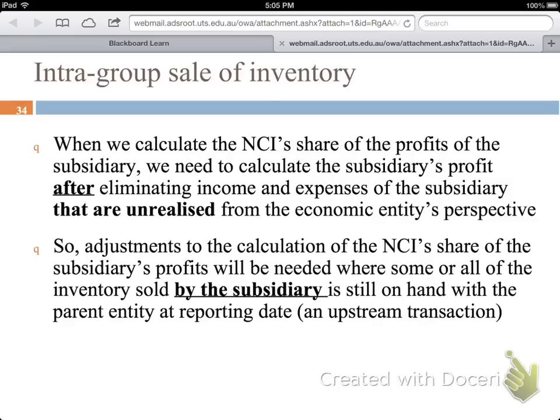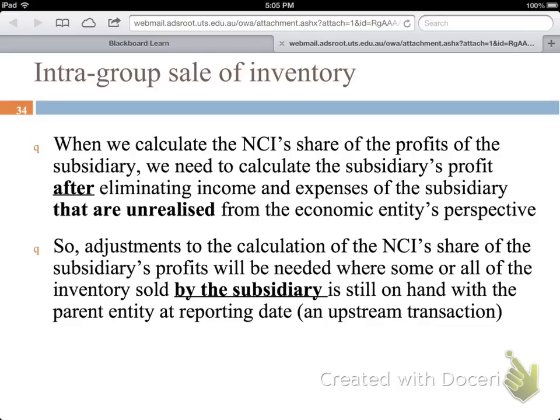So how does intra-group transaction impact on the calculation of the non-controlling interest? When you calculate the non-controlling interest share of profit, you need to calculate the subsidiary's profit after eliminating income and expenses of the subsidiaries that are unrealized from the economic entity's perspective.